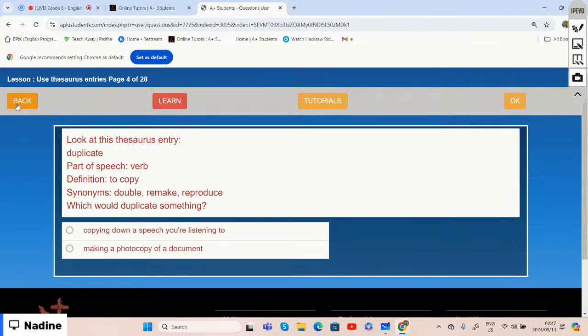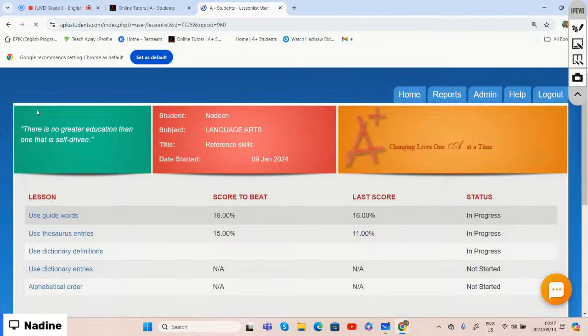All right, so this is now the end of our lesson on reference skills. On our next session, we will continue with using dictionaries as well as alphabetical order, right?